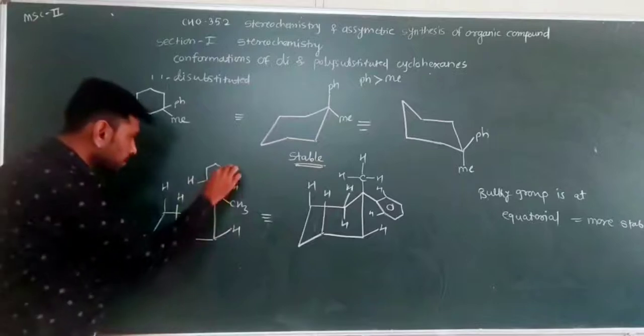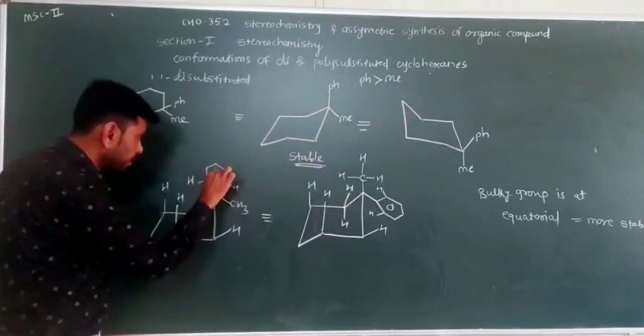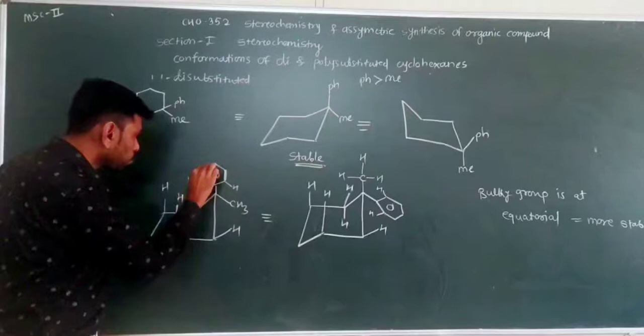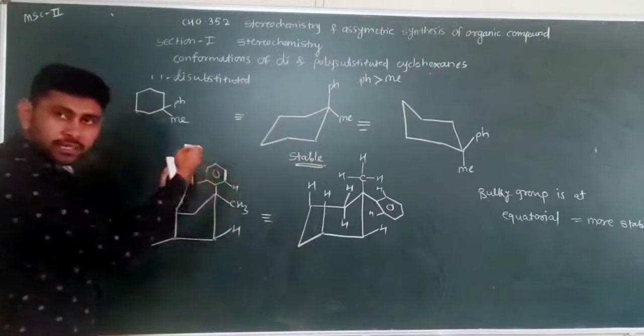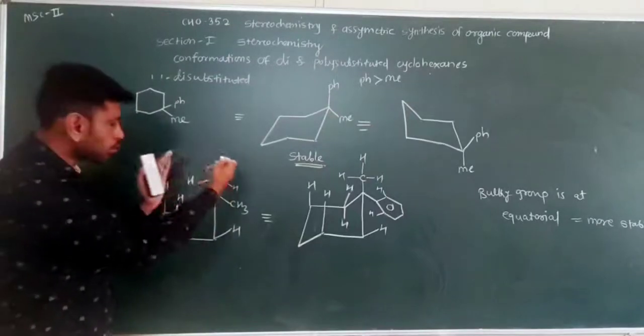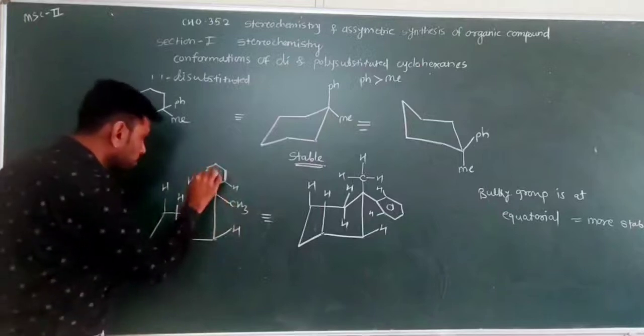Why? Because the phenyl ring in this structure is so oriented that the ring gets flipped or twisted somewhat. So that ring is twisted.